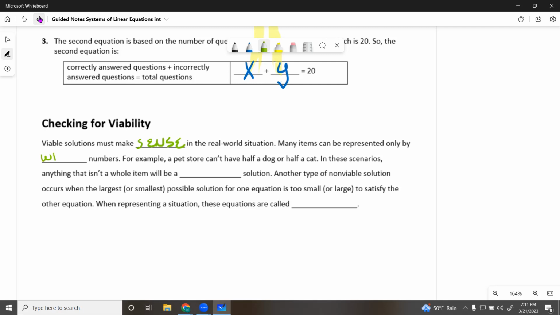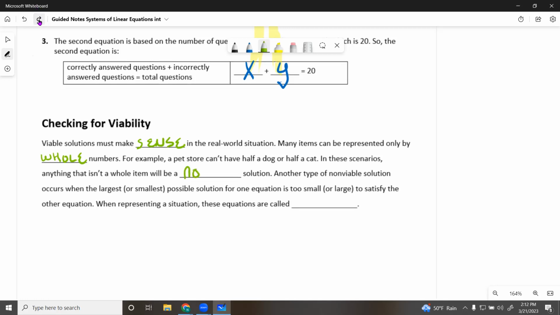Many items can't be represented by whole numbers. For example, you don't have 2.5 children in your family. The average household has 2.5 children, but that means someone has 3 and someone has 2, and it averages out to 2.5.